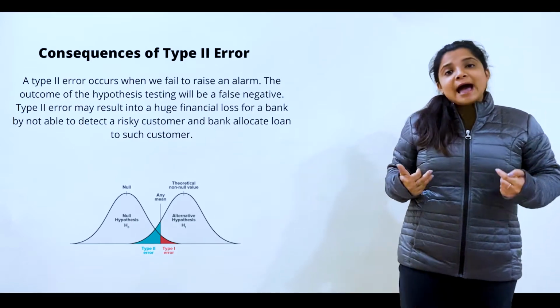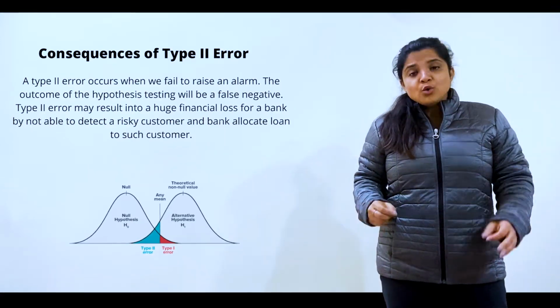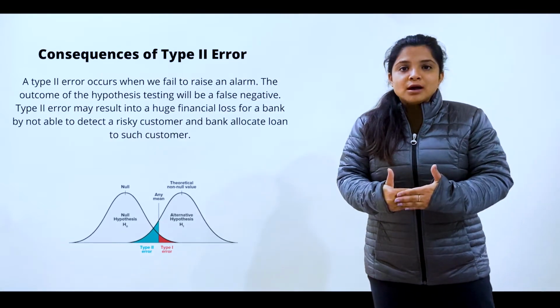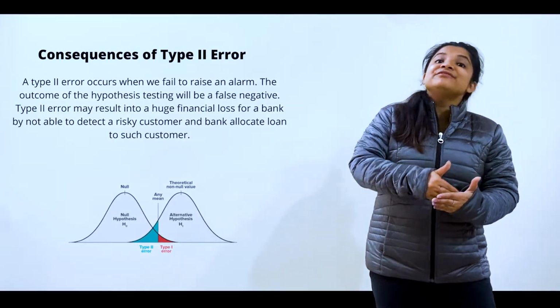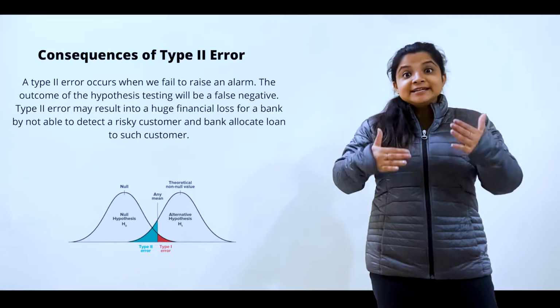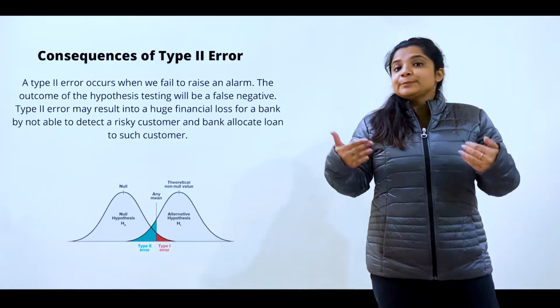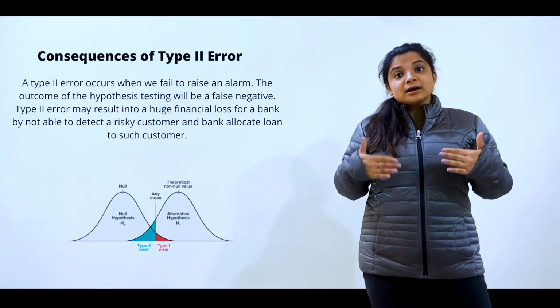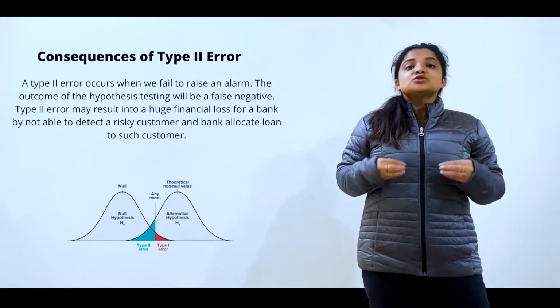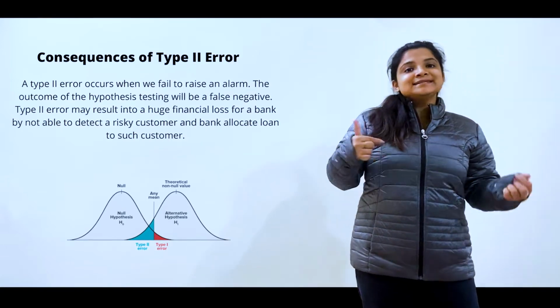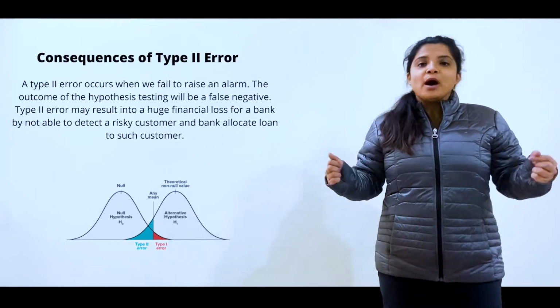If the same thing happens in a banking scenario, you have given a loan thinking that the customer is good, but actually the customer is very risky and can lead to non-performing assets in the future, or the person not being able to pay back the loan. So these are the consequences that actually happen when type 1 and type 2 errors occur.